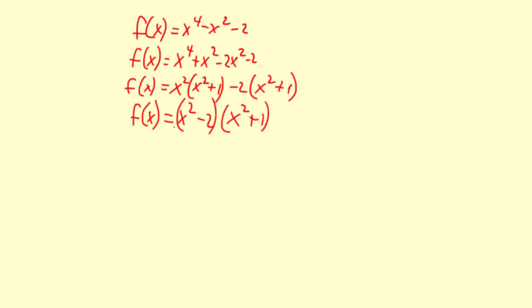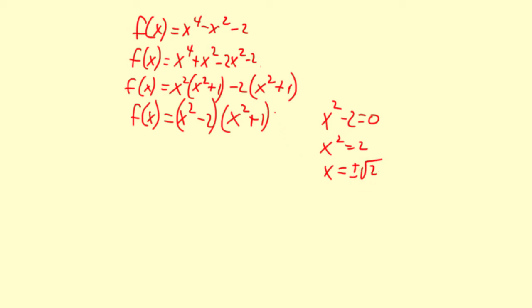Okay, now this is not factored all the way because there's still x squareds here, which means you can factor further. Now this x squared minus 2 can be factored more because basically you can do this. X squared minus 2 equals 0. So then you add 2 to both sides, you get x squared equals 2. Solved by the square root, x equals plus or minus the square root of 2.